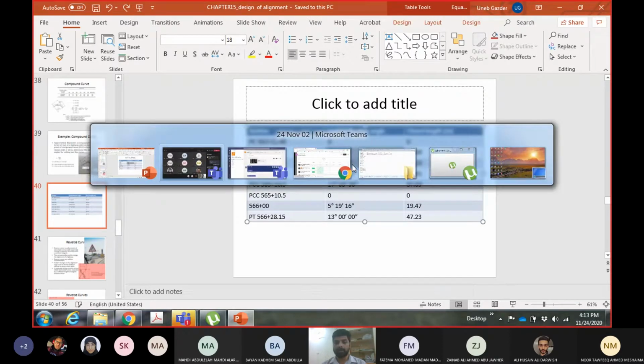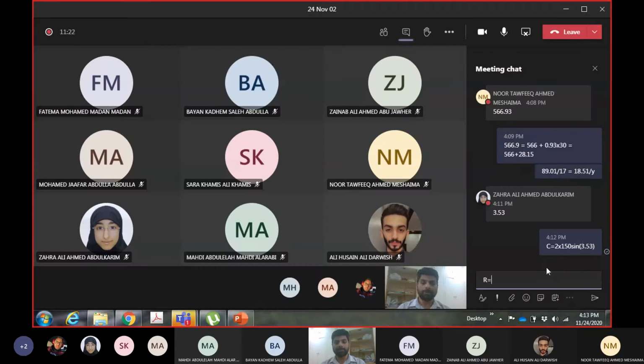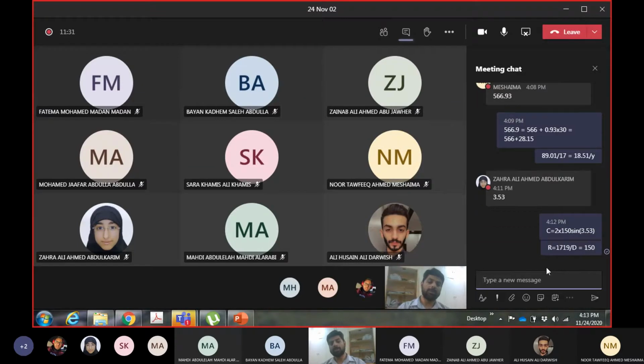The degree of the curve and radius are connected with this equation: radius equals 1719 divided by the degree of the curve, and radius is 150 meters. So give me the degree of the curve.